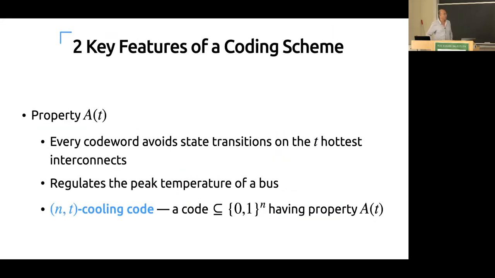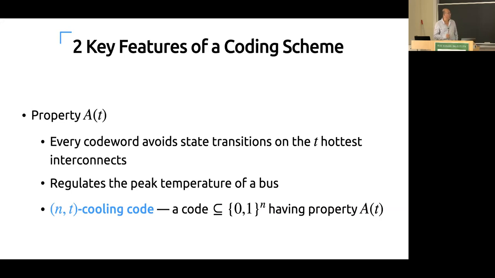There are 2 key features of a coding scheme as it relates to communication on a chip. The first is what we call property A. Property A is parameterized by a parameter t.